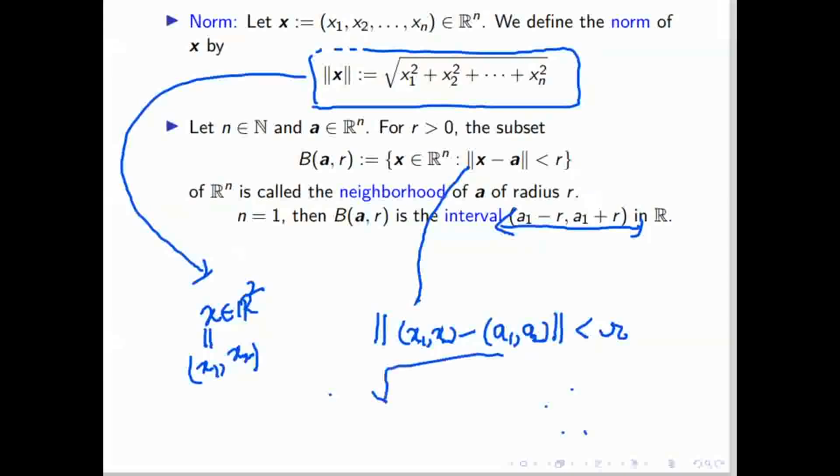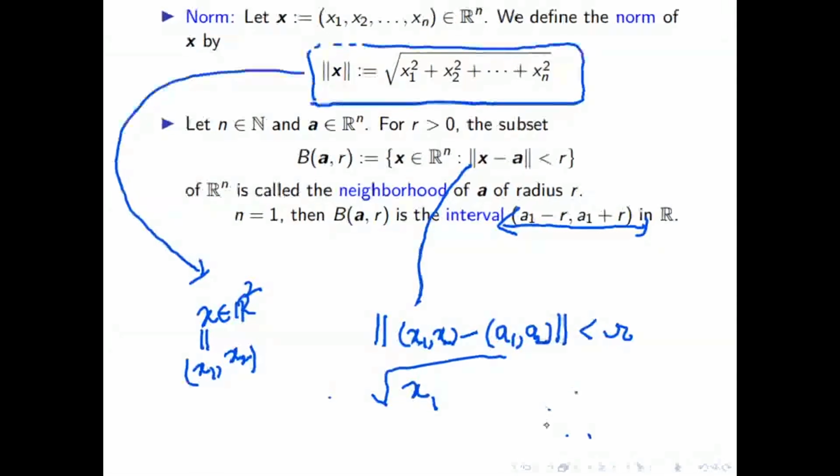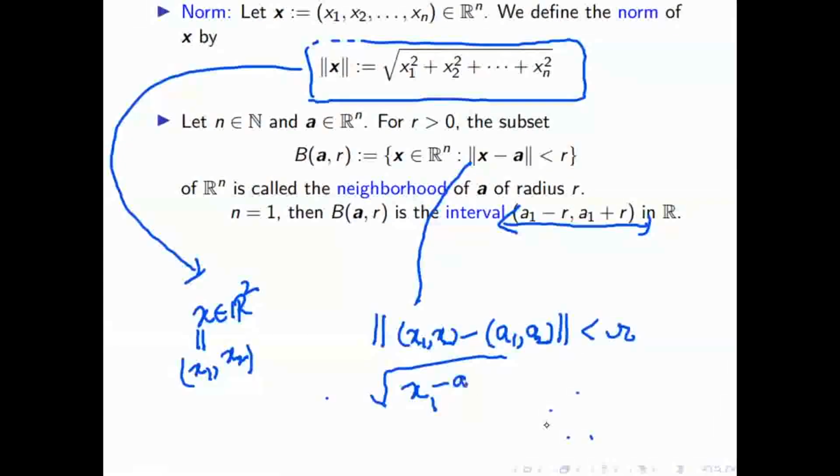Square root of x1 minus a1 whole square plus x2 minus a2 whole square. Yes, it is inside of a circle with center a1 comma a2, like the internal part of the circle, not the circle, excluding the boundary of the circle. x1 minus a1 whole square plus x2 minus a2 whole square is less than r. That means it is a circle with the center at a1 comma a2 and radius r.